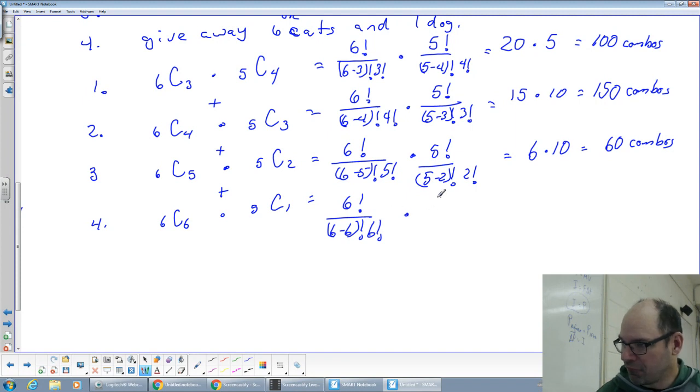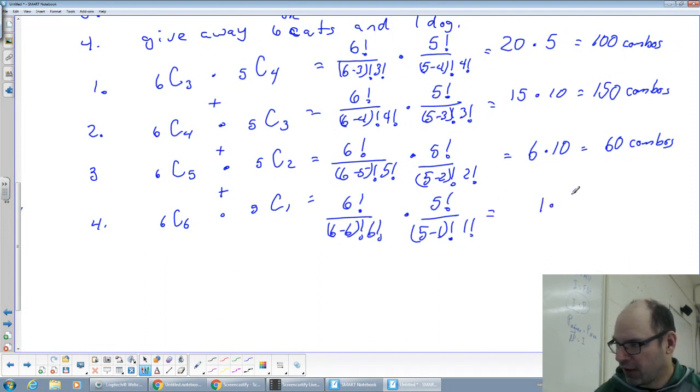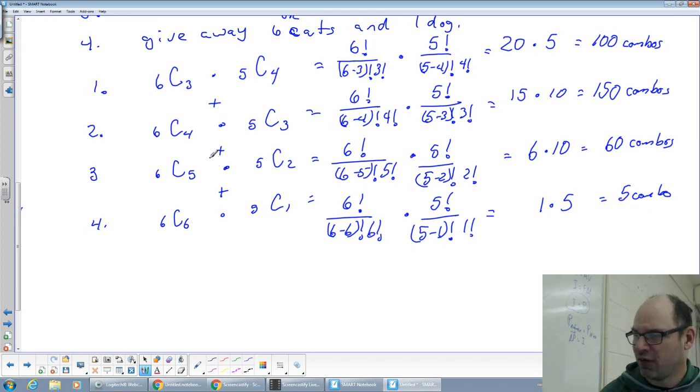And then this one's going to be 5C1, which is going to be 5. So this is 1 times 5 equals 5 combos. So there's 5 combos for the last case, 60 combos for the third case.